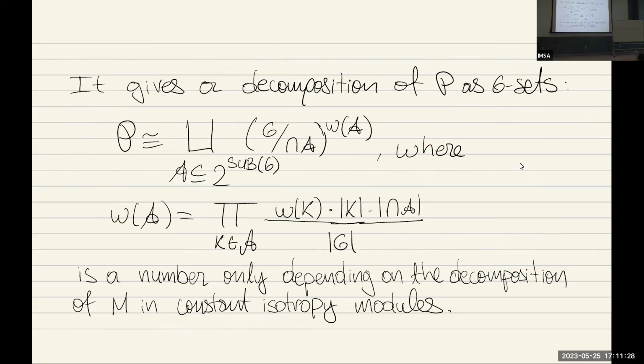It can be parameterized by families of subgroups of G in this way, and the number of orbits can be computed, and this number W of capital A is this product. This number is a number only depending on the decomposition of M in constant isotropy modules.